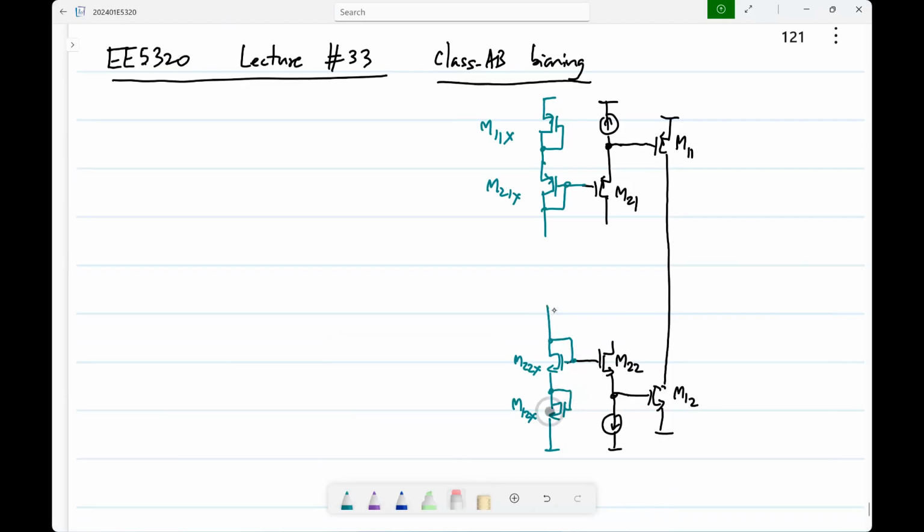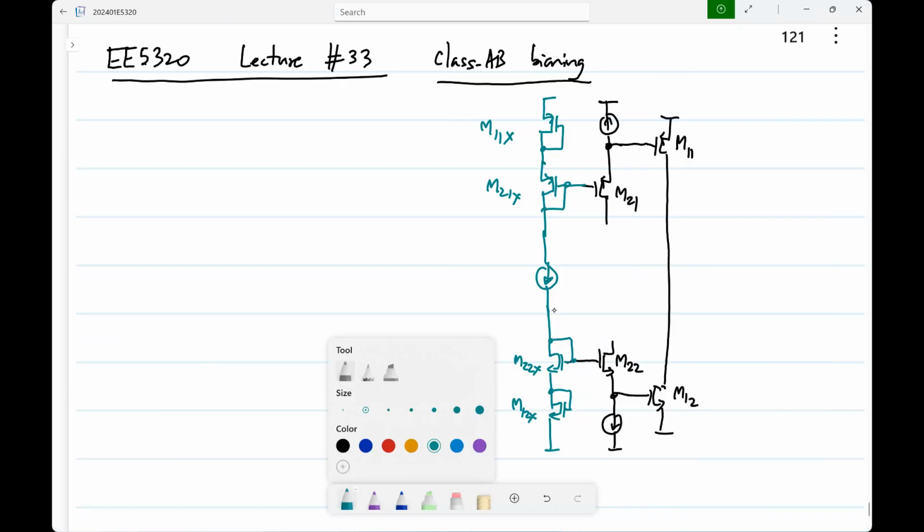Finally, you can adjust the size ratio to get the desired bias current in the output. Similarly, M22X and M22 are replicas, M11X and M11 are replicas, M21X and M21 are replicas. I'll just show a single bias current source. You adjust the current and the sizes so that you get whatever quiescent current you want in the output branch.